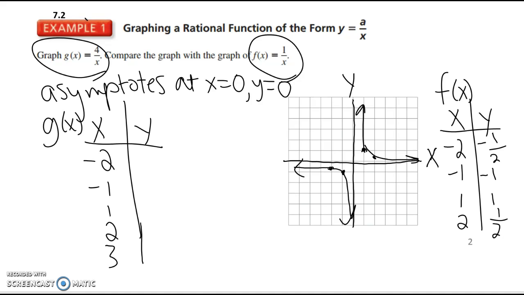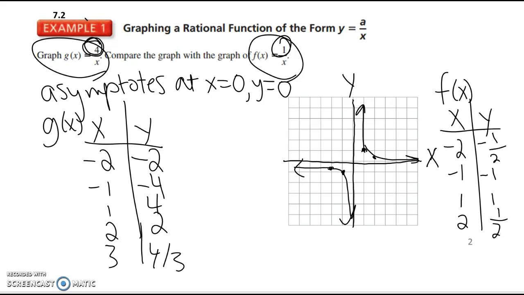For g of x, if you see a bigger number than 1, so I see 4 in the top instead of 1, that just means that the graph of f of x comes out a little bit. So plugging in these points, we get negative 2, negative 4, 4, 2, and 4/3.